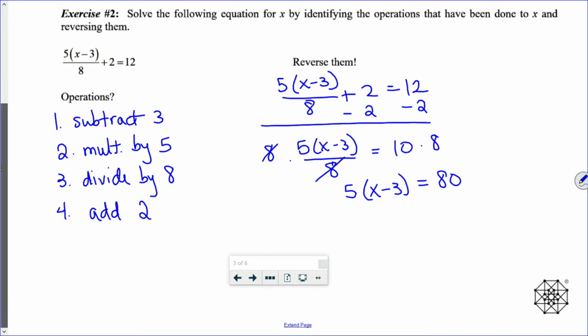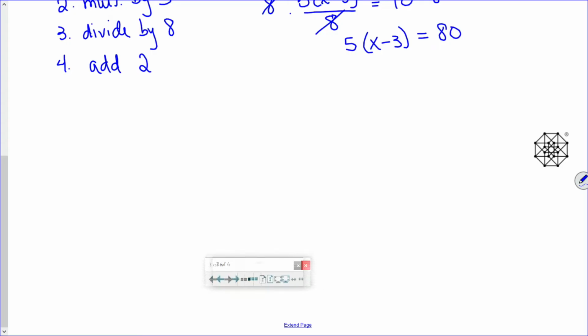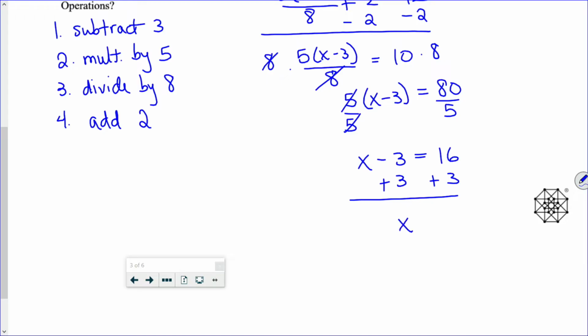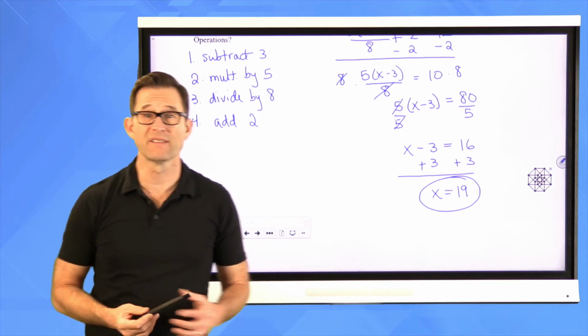Divide by 5 on both sides. All right, 80 divided by 5, that might be one that we have to think about a little bit. That's 16. And then we add 3 to both sides, and we get 19. All right, that's it, right?